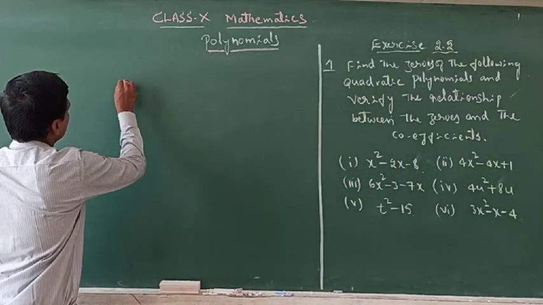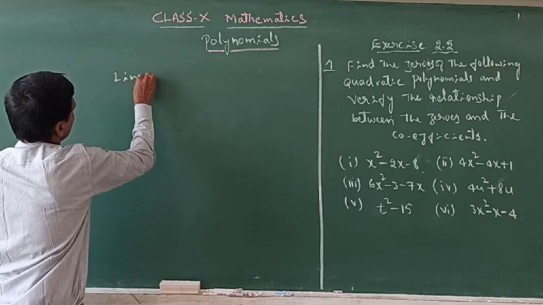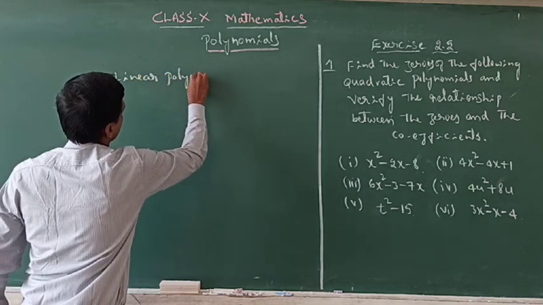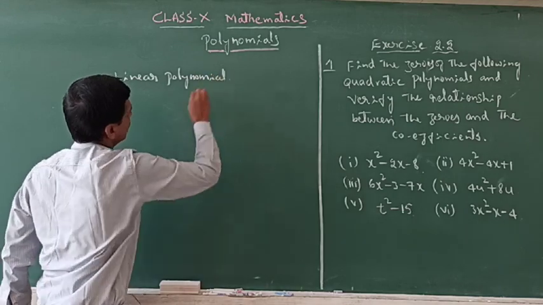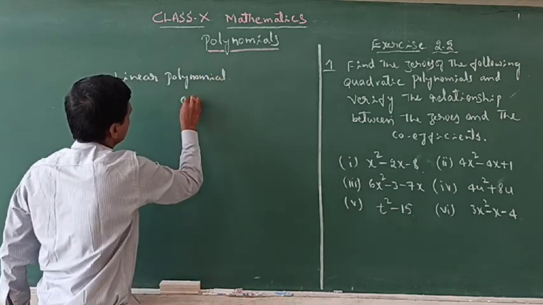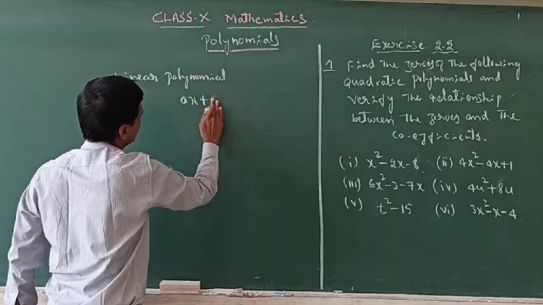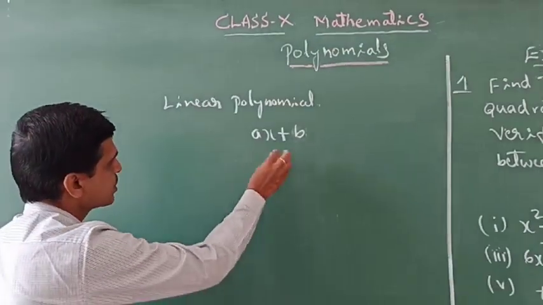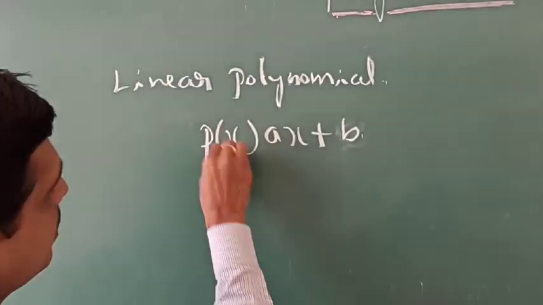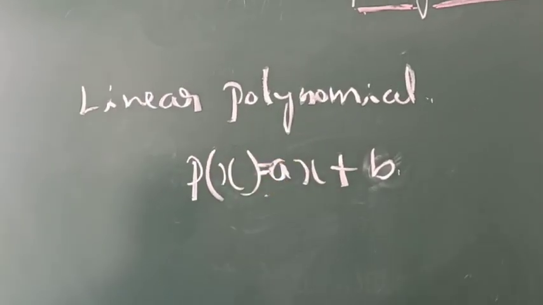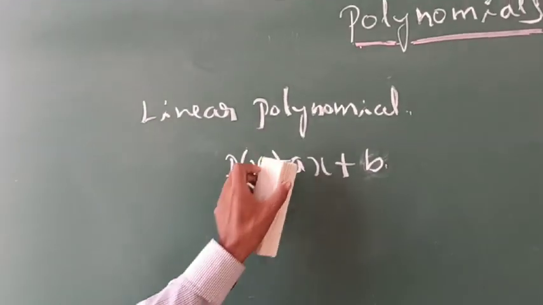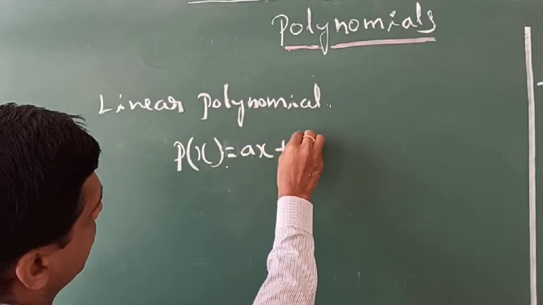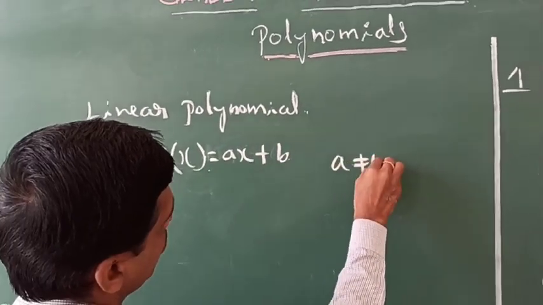Dear children, you already know that a linear polynomial is generally ax plus c, or b also, because the constant can be represented as b or c. That is why the general form is ax plus b, where a is not equal to 0.